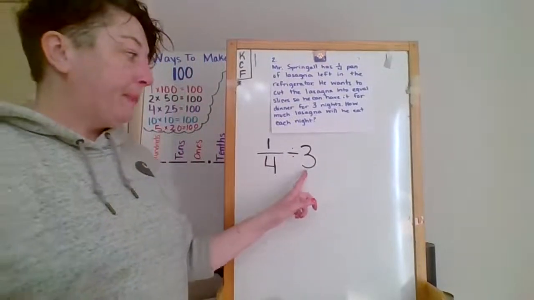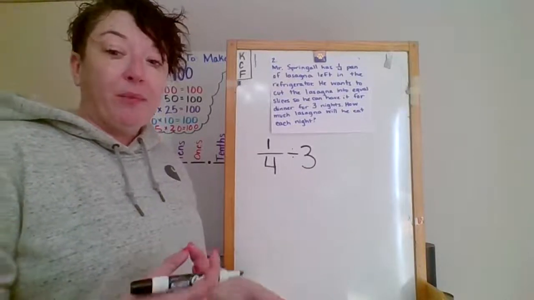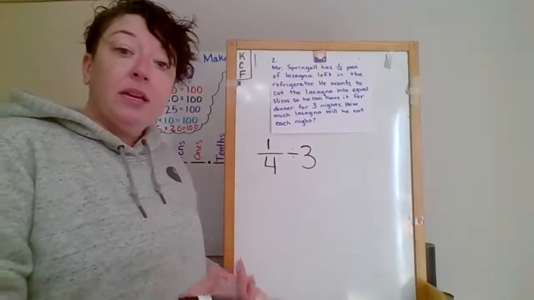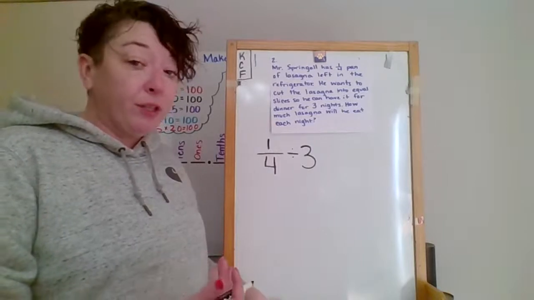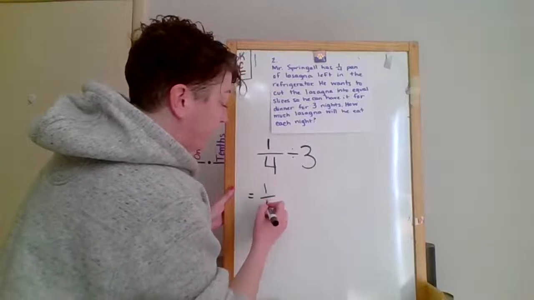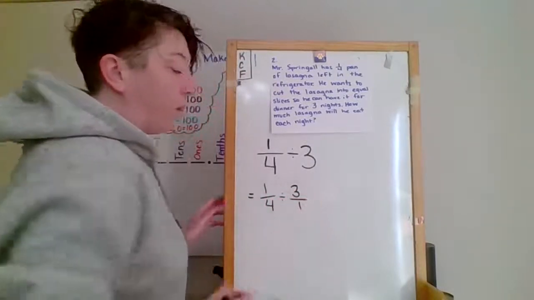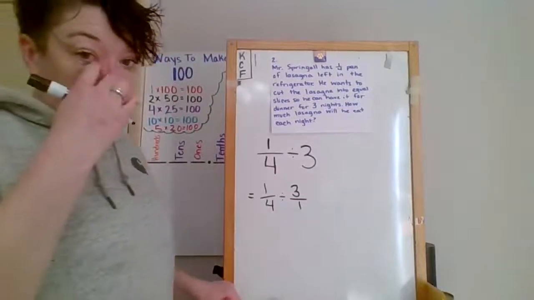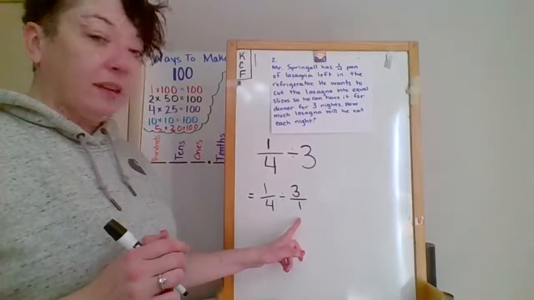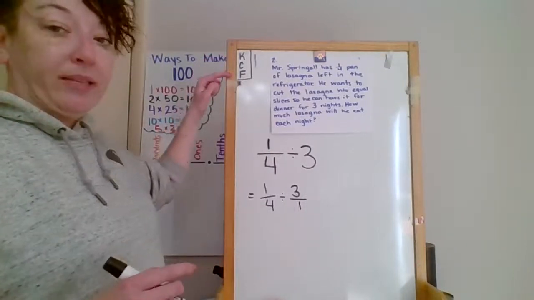Now, I can't flip this whole number because it's not a fraction yet. So remember, to make a whole number into a fraction, all we have to do is put it over 1. So this is the same as 1/4 divided by 3/1. Now that I have a fraction in the second position, I can start going through my process.